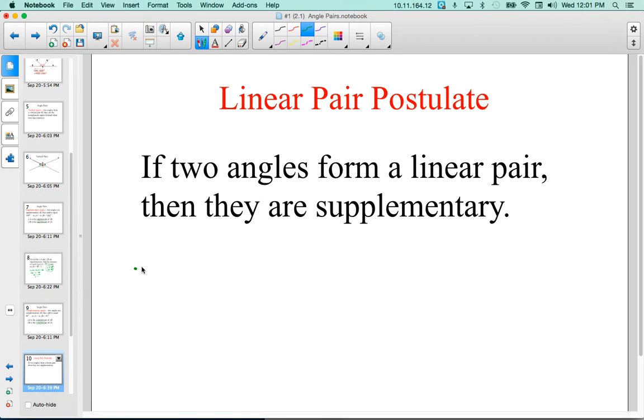If you've got two angles that are a linear pair, they're also going to be supplementary, because the linear pair tells us they make this straight line, which means this angle plus this angle has to equal 180.